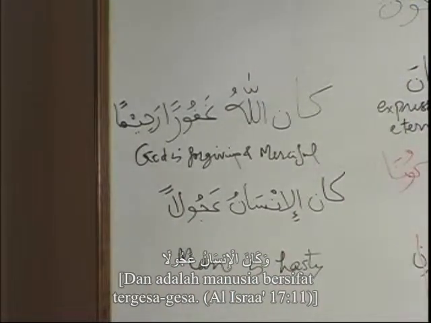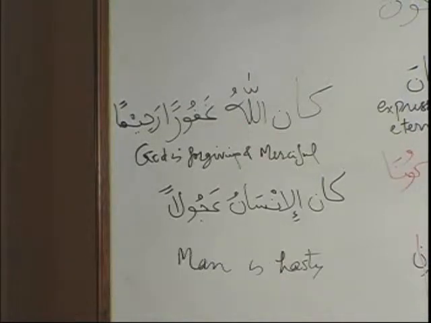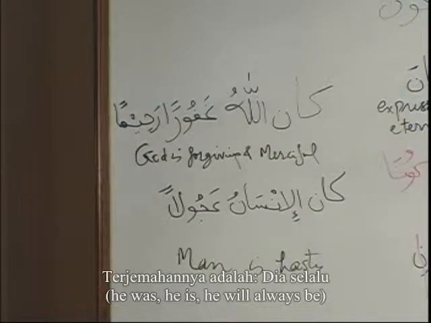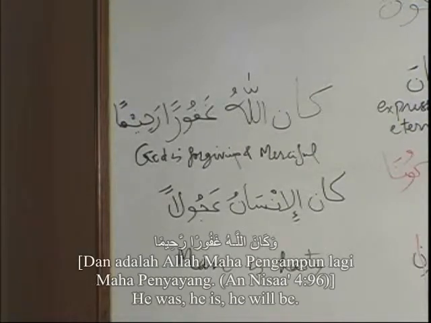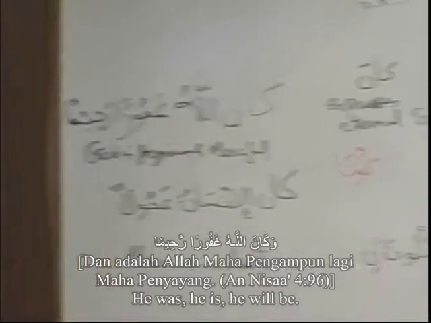Are you with me? Kana al-insanu ajulan. He was, he is, he will always be. So this is the meaning of eternal truth. Kana Allahu ghafuran rahiman. He was, he is, he will be. Are you with me, brothers and sisters?